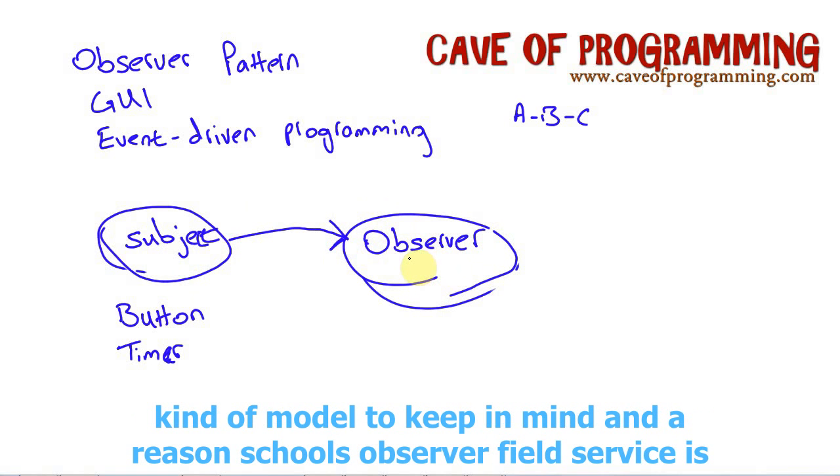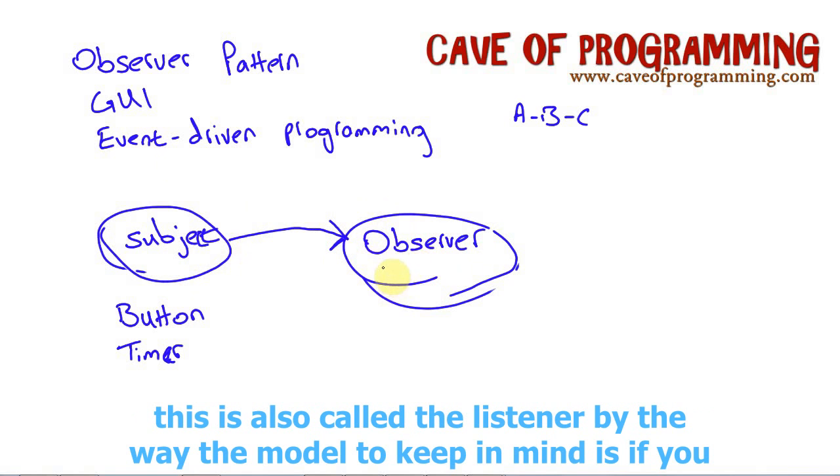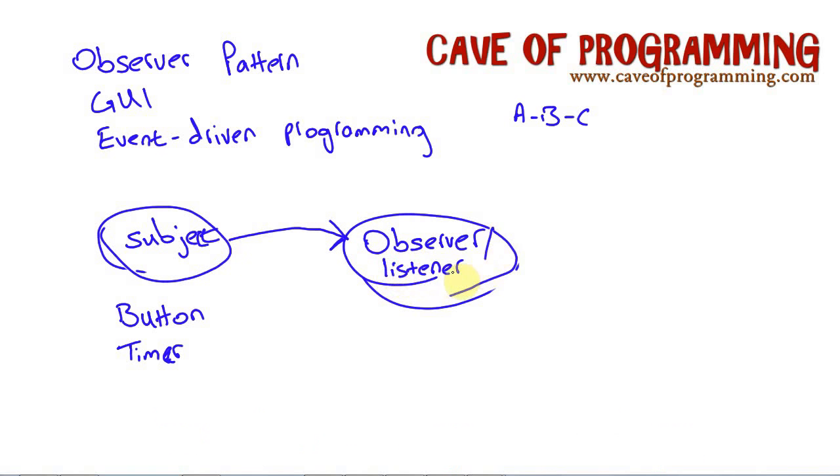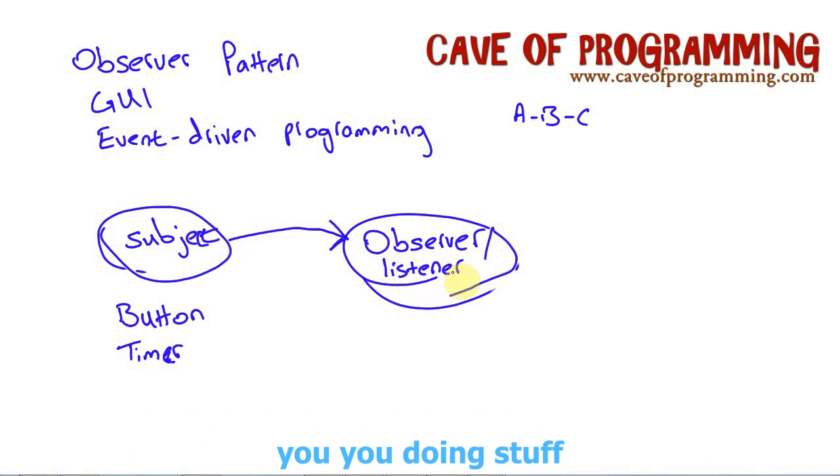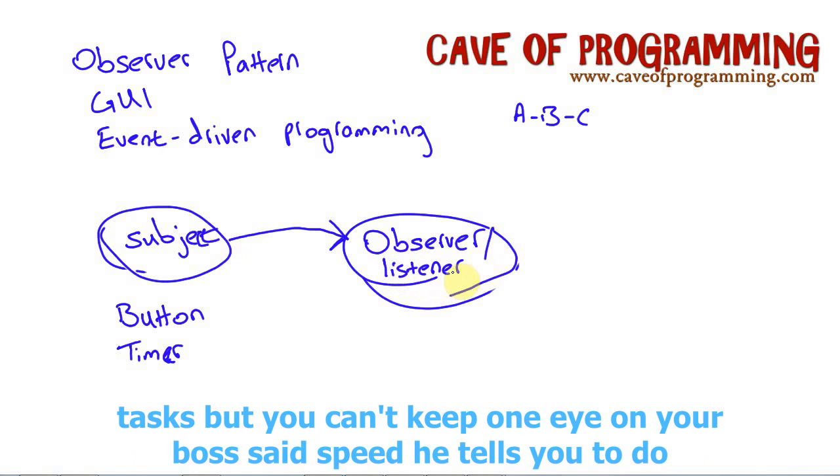And a model to keep in mind, and the reason this is called the observer pattern, is, and this is also called the listener, by the way. We can also call this the listener. The model to keep in mind is, let's say you've got a job and you've got a boss, and you listen to your boss. So you're doing stuff, you're carrying out tasks, but you keep one ear on your boss, so to speak.